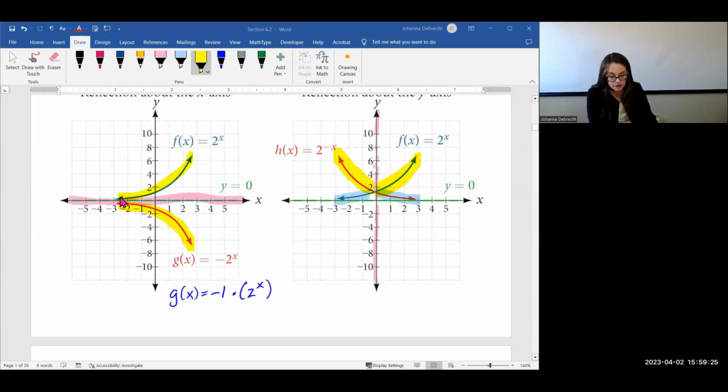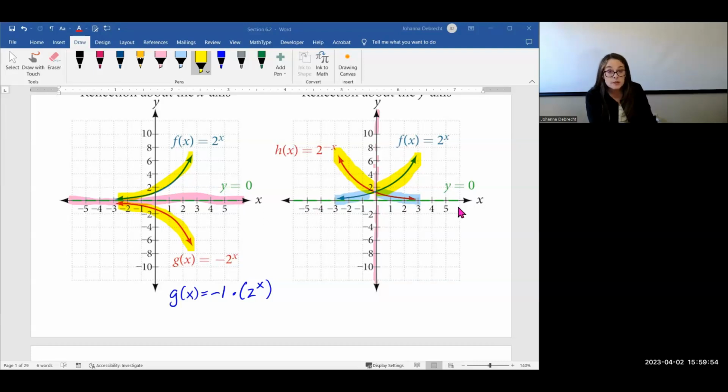The range on the parent function goes from 0 to infinity, and the range on the reflected function goes from negative infinity up to 0, but doesn't actually hit 0. Now let's look at this one right here. When we reflect across the y-axis, a horizontal reflection, folding like this, the y-intercept does not change.